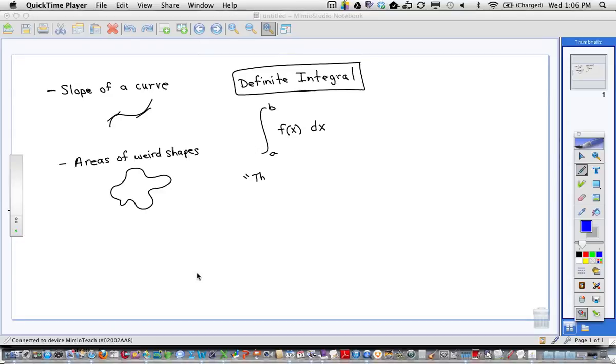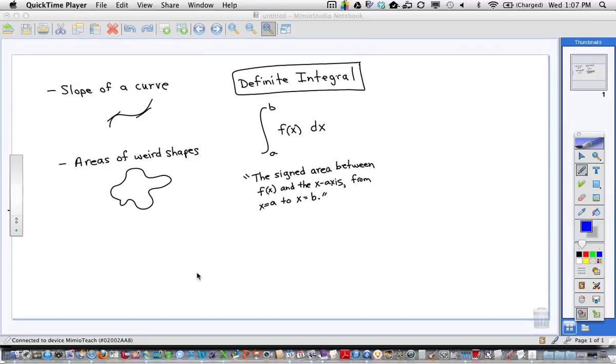It means the signed area between f of x and the x-axis from x equals a to x equals b.